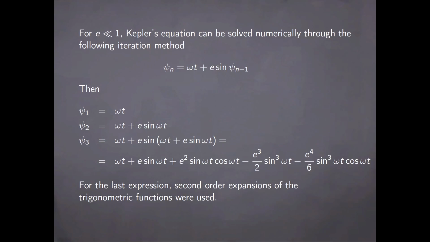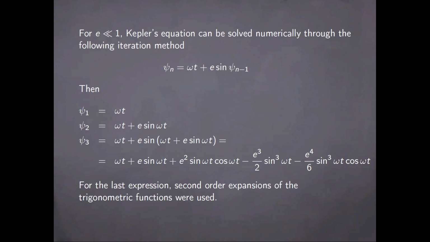In the case of eccentricities that are much smaller than 1, Kepler's equation can be solved numerically through the following iteration method. So in order n, the eccentric anomaly is going to be given by the mean anomaly plus e times the sine of the eccentric anomaly in the previous order.